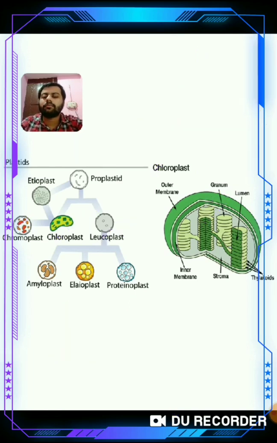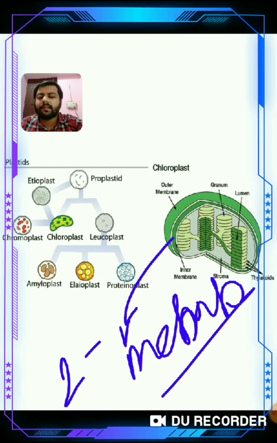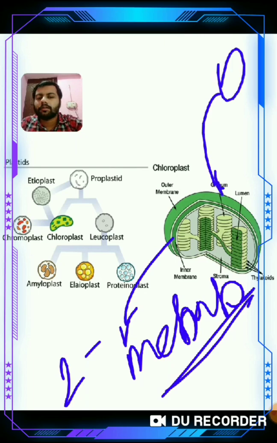Now we go through the structure of chloroplast. It is discoid or spherical in shape. It is a double membranous structure, having an outer membrane and an inner membrane.